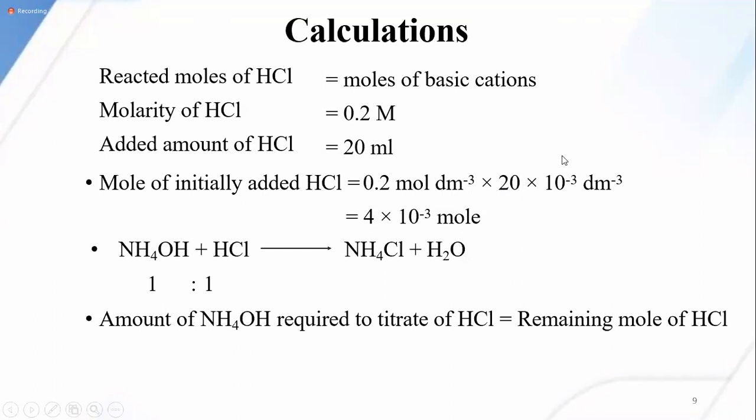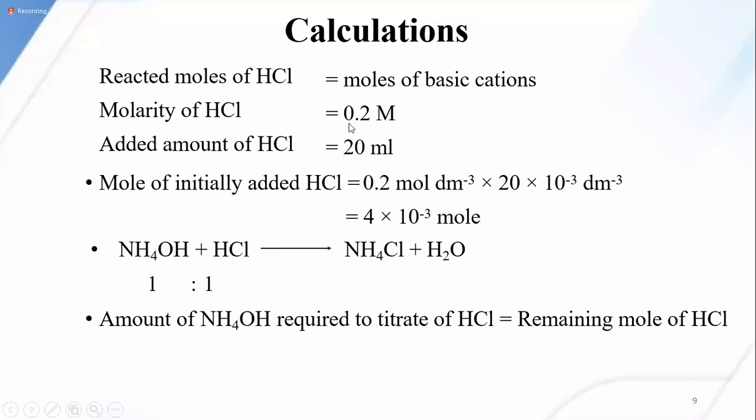You already know the molarity of the HCl and the initial amount of HCl added to that leachate. So 0.2 M should be multiplied by 20 milliliter.